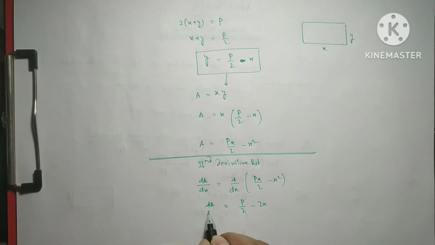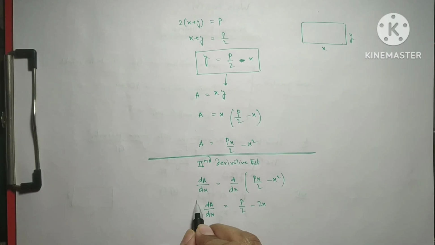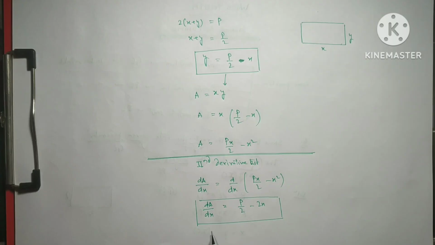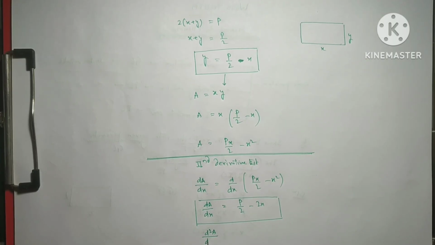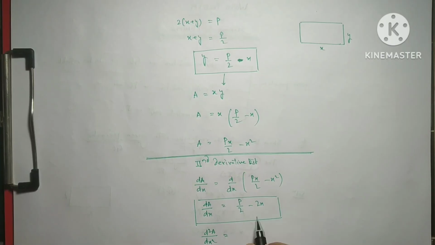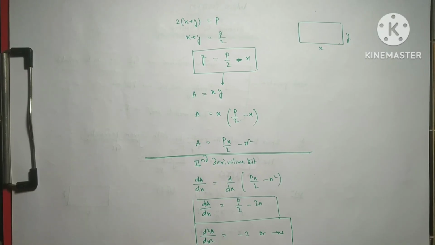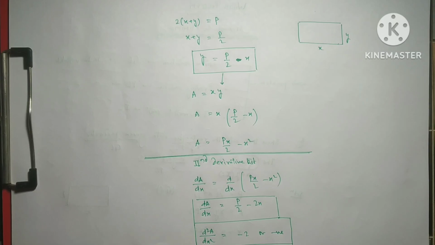So dA over dx, this is the first derivative. Now second derivative will be d2A over dx square. So it is minus 2, or you can say negative. So it is negative for all values of x, always. So this shows maxima, or you can say largest area.